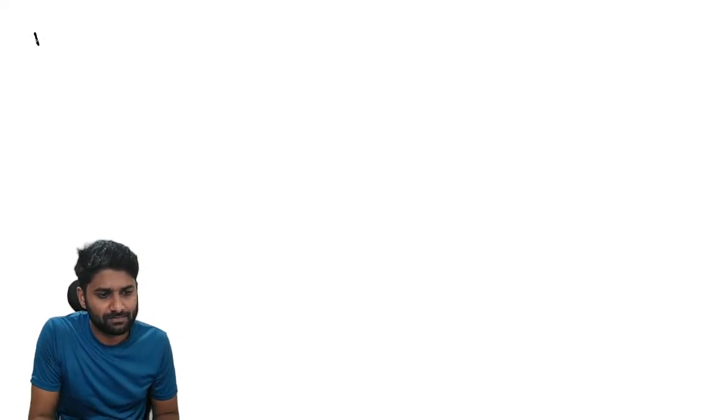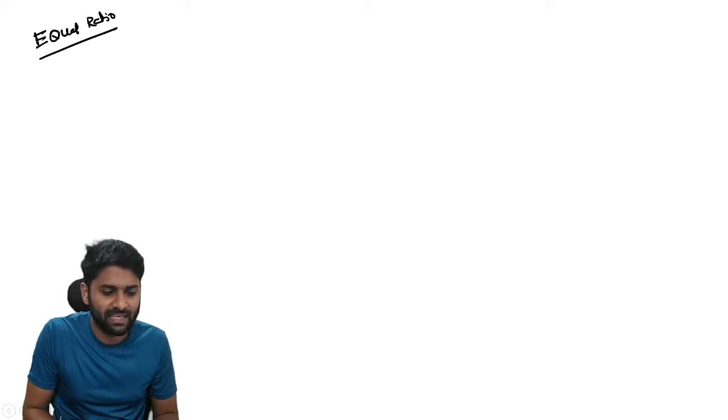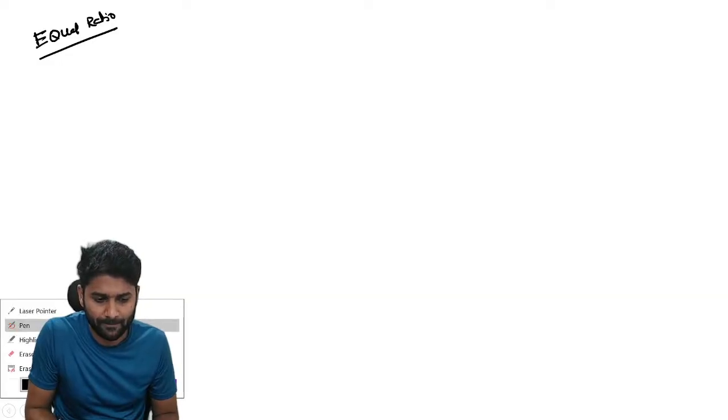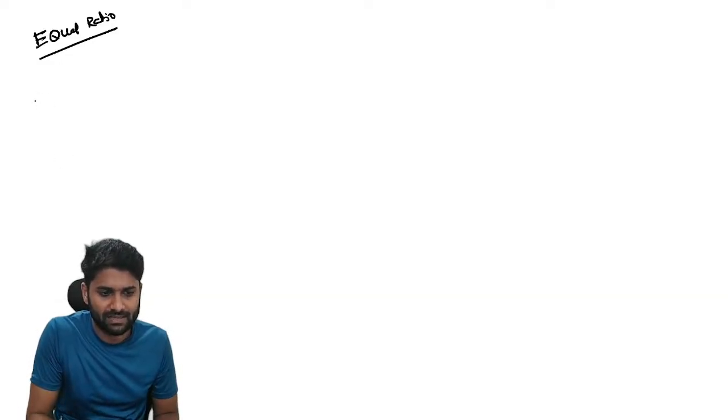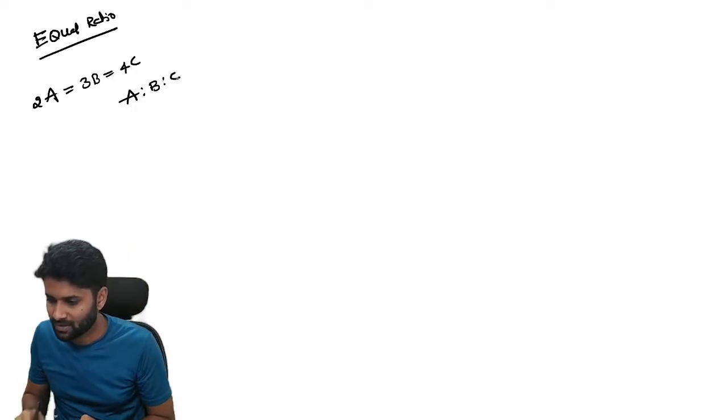Now the last one, equal ratios. The way you understand the equal ratios is most important. Understand that if 2A is equal to 3B is equal to 4C, now you guys tell me what is the ratio of ABC. I will give some time.